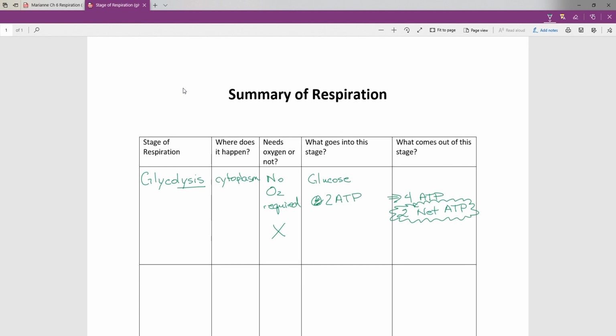The other thing is that the glucose becomes pyruvate, or pyruvic acid if you like that naming. The other thing that comes out of it, and I said this is easy to gloss over, are the electron carriers. So NADH, if you like that, or you can choose electron carrier or energy intermediate.